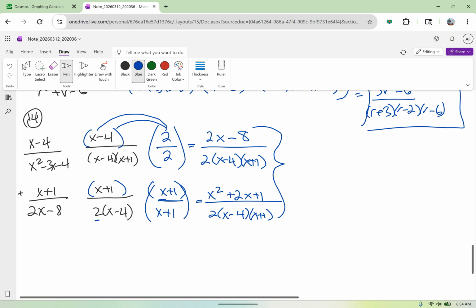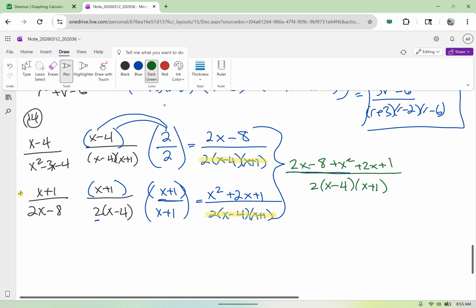And when we put all this together, because we have the same denominator now we can do the math, and the math is to add the fractions. So I am going to 2x minus 8 plus x² plus 2x plus 1 all over the same denominator of 2 times (x minus 4)(x plus 1).